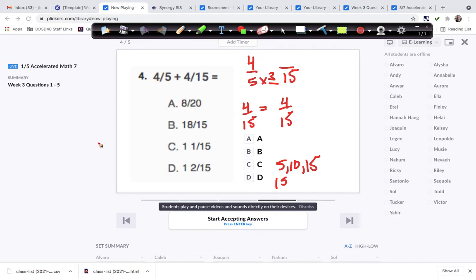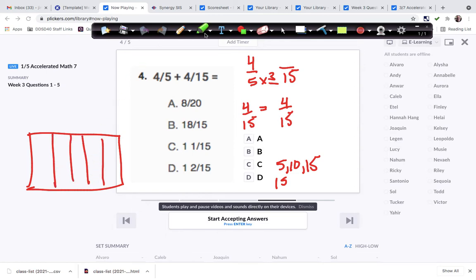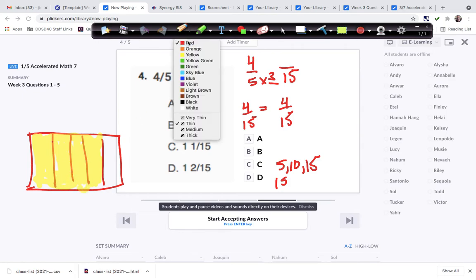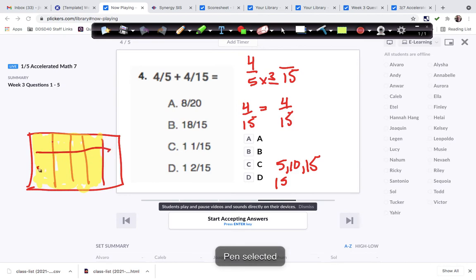So since if I draw a big picture over here of 4/5, okay, 1, 2, 3, 4. I shade it in. Shade in 4 of those. And then we cut this into 3 more sections like this.